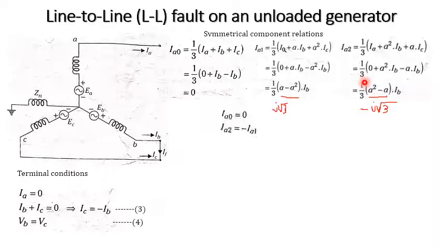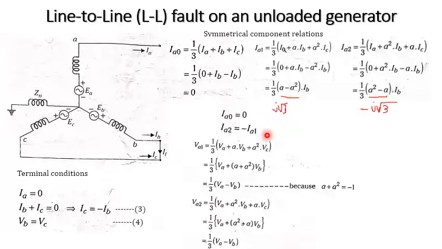From these values we can write Ia0 is 0. What is Ia2? Ia2 can be written as minus Ia1. Why? This is a plus j root 3, this is minus j root 3. So based on these two equations, Ia1 is a minus a squared Ib, and Ia2 is a squared minus a, so Ia2 is equal to minus Ia1.